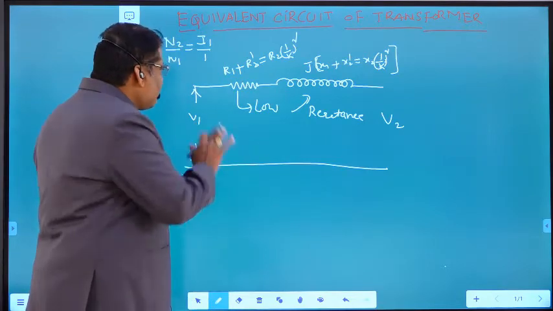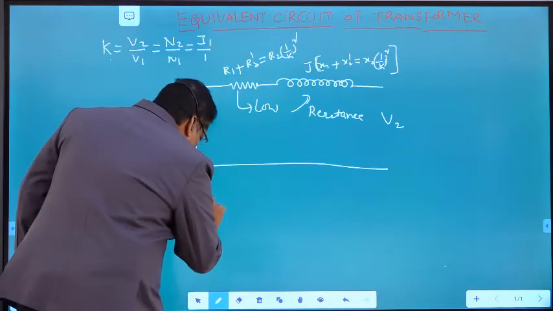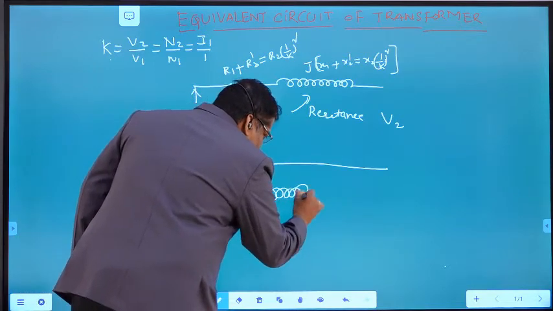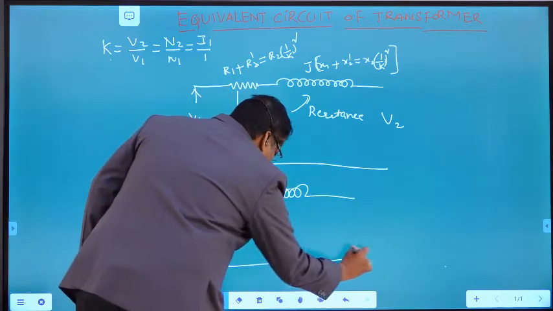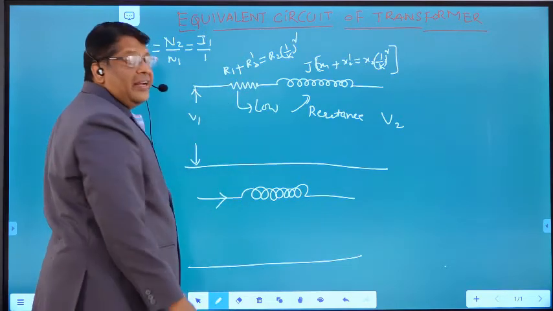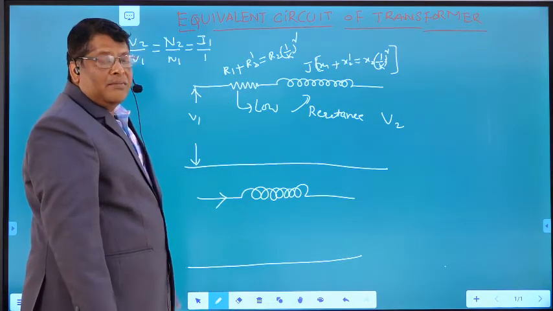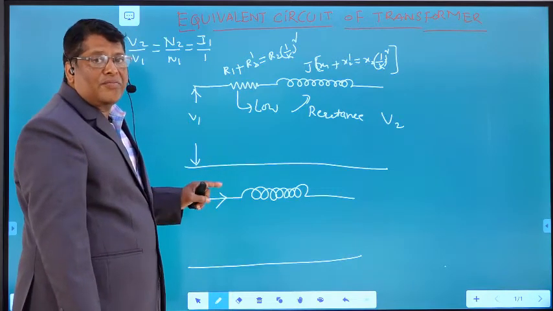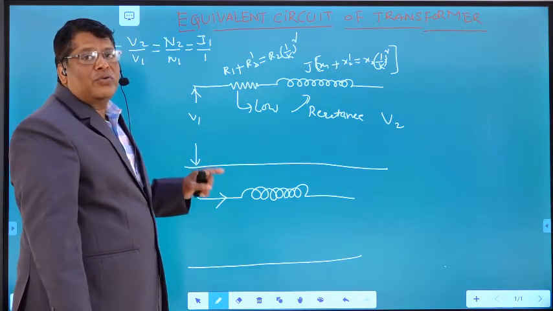So you can simply represent it as a single reactance. Generally we use this type of representation in power system analysis.